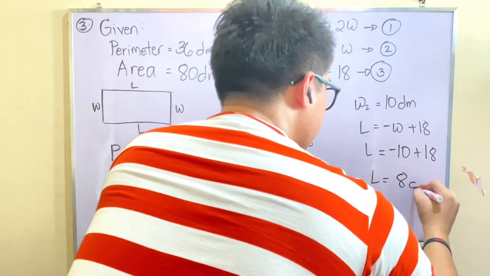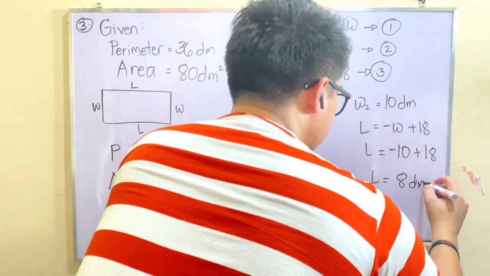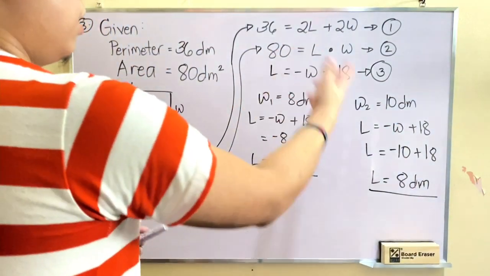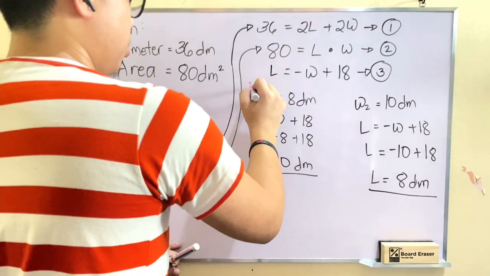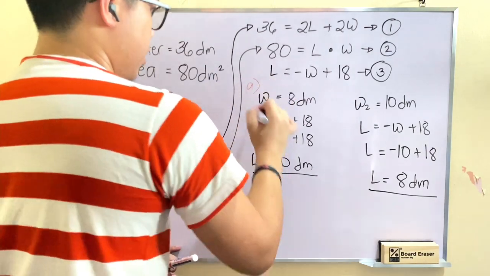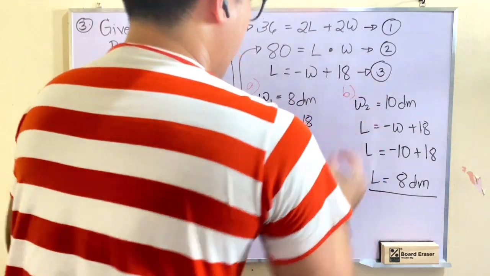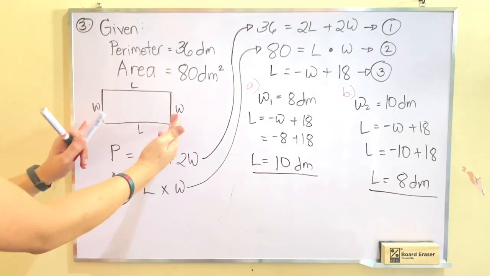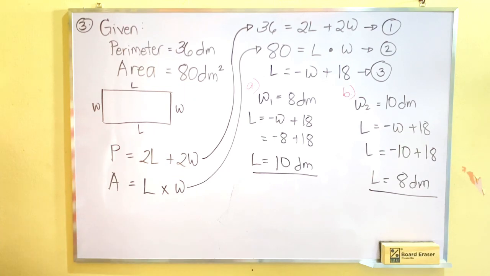So, length daw natin is 8 decimeter. So, ito yung situation number 1 or situation letter A and situation letter B. Alin kaya dito sa dalawang situation ang tamang description para ma-describe yung ating rectangle?